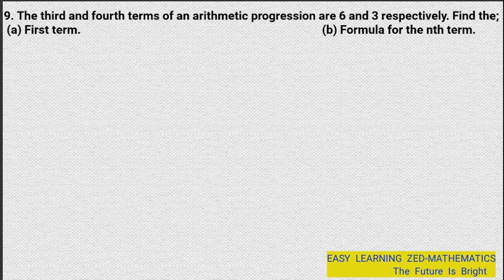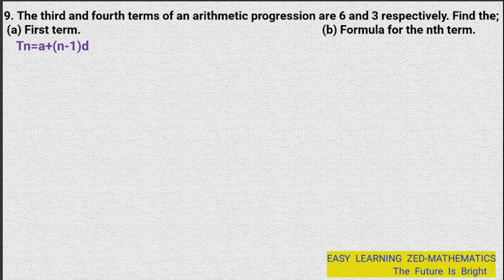We're going to start with A, which is to find the first term. I'm going to write the formula we use to find the term. The formula is Tn equals A plus open bracket n minus 1 close bracket d.